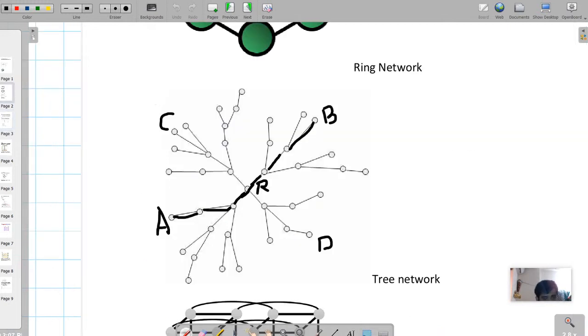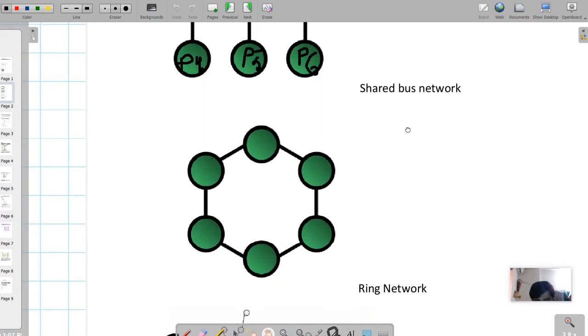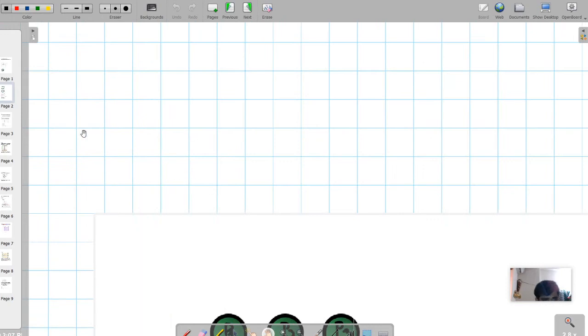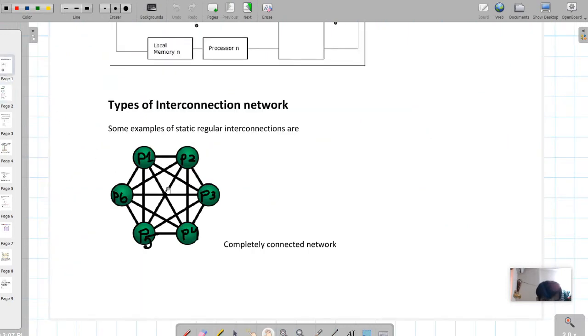Before looking into the example once again, let me look at an example for a non-blocking network. Yes, this is an example of a non-blocking interconnection network. Say P1 and P4 are making communication with one another at a particular time instance T. Now, at the same time instance, P2 and P5 are not doing anything.